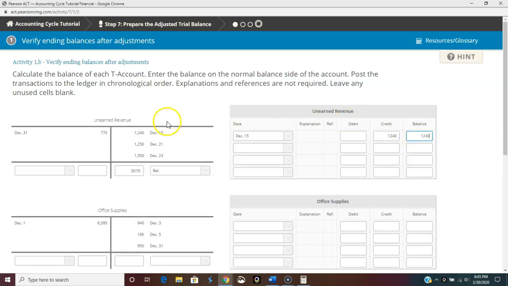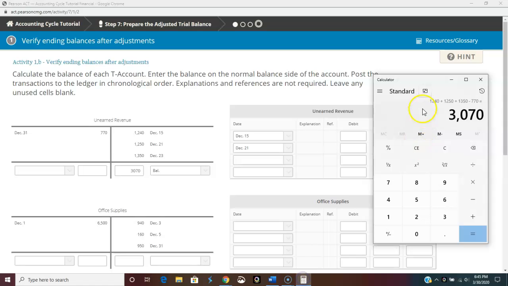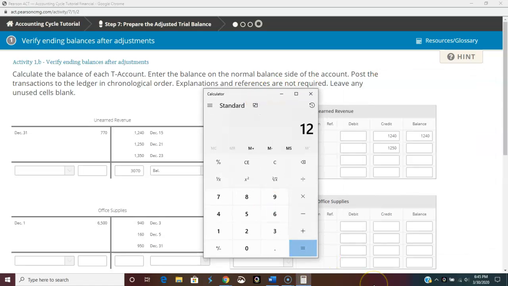This is just showing you this is a T account. This is actually the ledger. This is what it would look like. December 21st, we have $1250, so then your balance is the total of those two, $1240 plus $1250. Oh, what did I do? No idea. $1240 plus $1250, $2490.